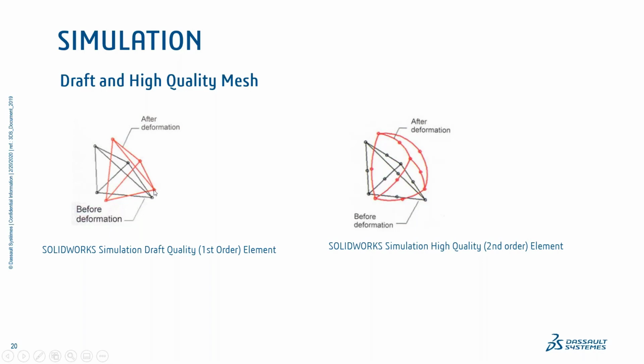In the high quality elements, they are parabolic, as you're seeing here, and they have mid nodes. So these elements will definitely have the capability of taking the proper shape of your products, and they can give you more accurate results than the draft quality. So that's the difference between draft quality and high quality.